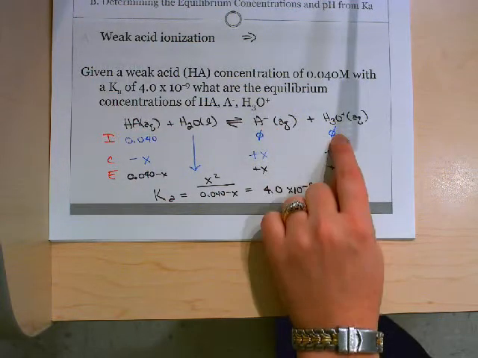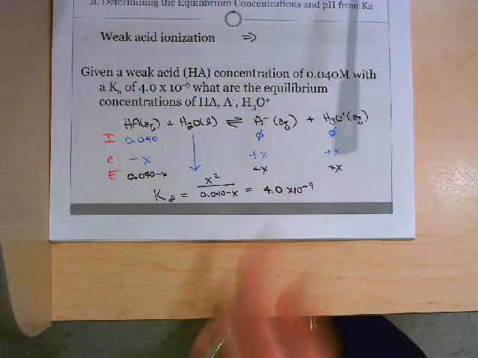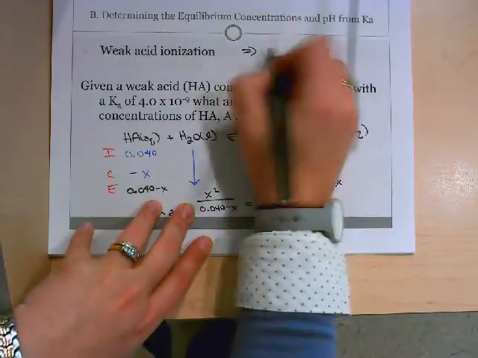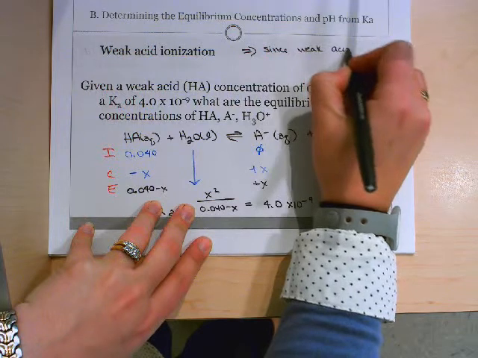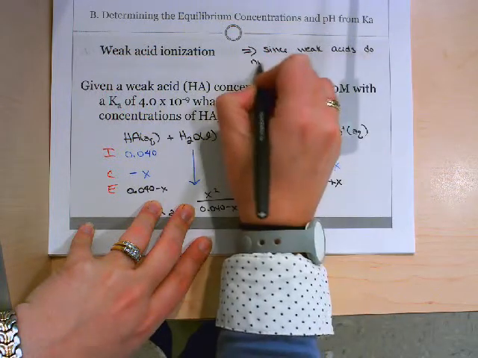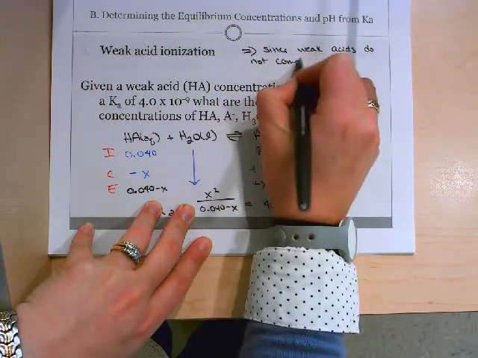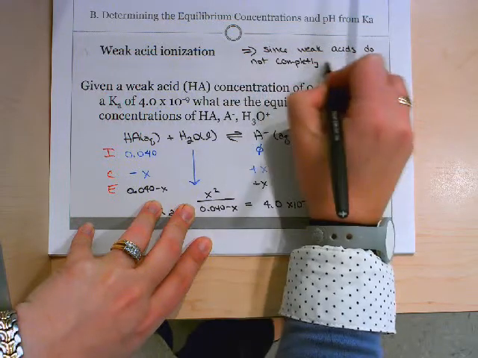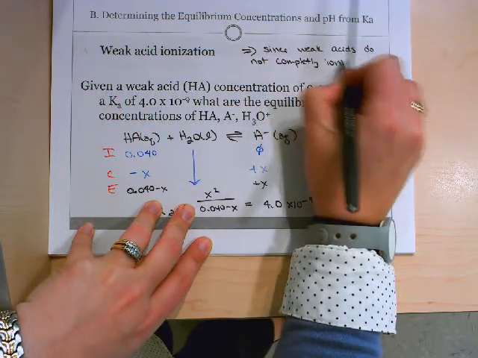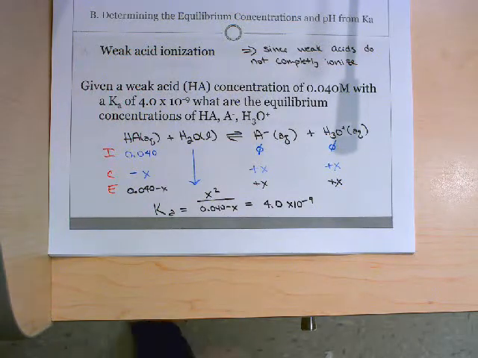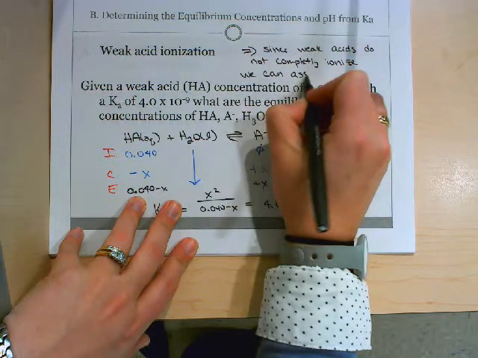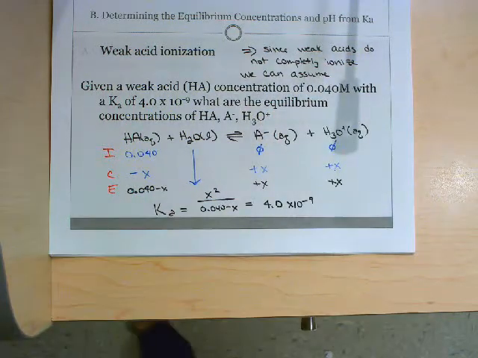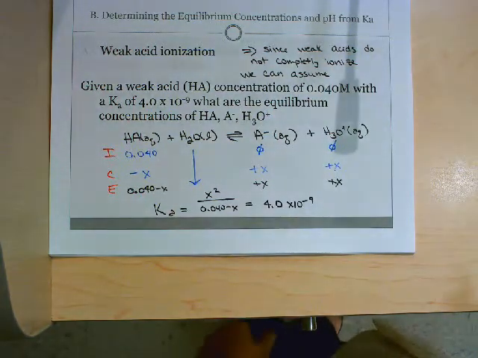And it's going to make some of these, but since weak acids do not completely ionize, we can assume, if they don't completely ionize, what has happened to the concentration of HA?